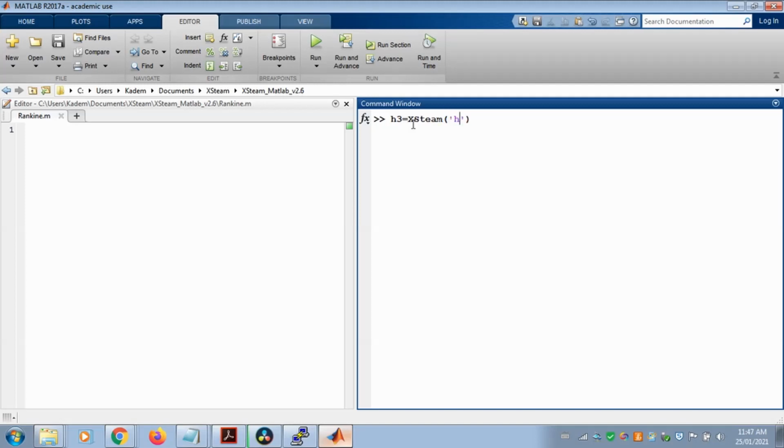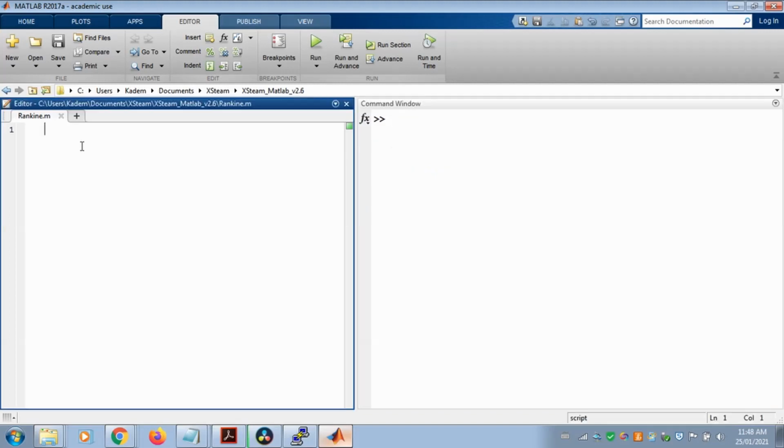We are looking for the enthalpy, underscore, what are the inputs, pressure and temperature. What's the value of the pressure? It's 2 megapascal. Here you have to be careful. You have to convert your 2 megapascal to bar, knowing that 1 bar is 100 kilopascal, so your 2 megapascal will become 20 bar. What is our temperature? 400 degrees C. And here is directly my enthalpy in kilojoules per kilogram without using any table.